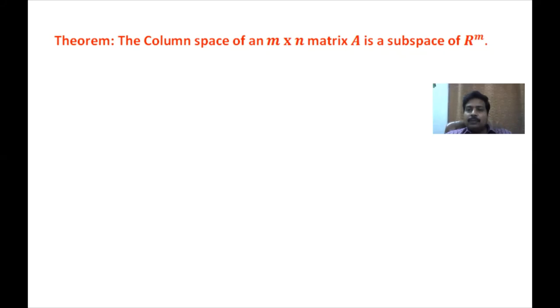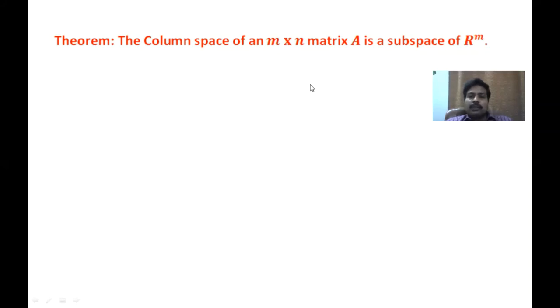So this vector space depends on the number of rows. The null space of a matrix A is a subspace of Rn, which depends on the number of columns. But here, the column space of an m by n matrix is a subspace of Rm. It depends on the number of rows.